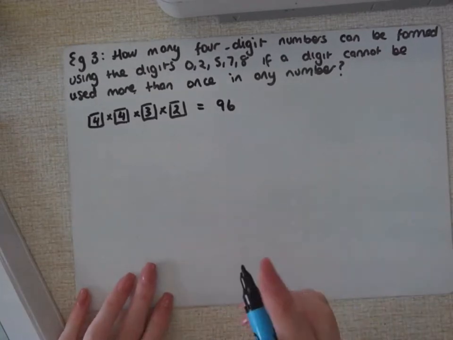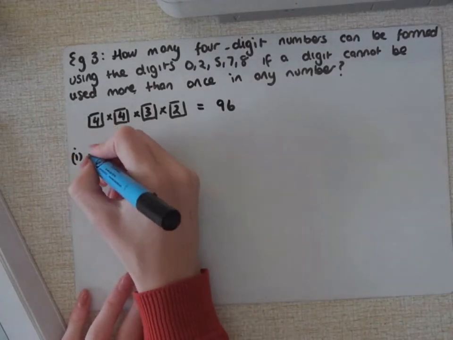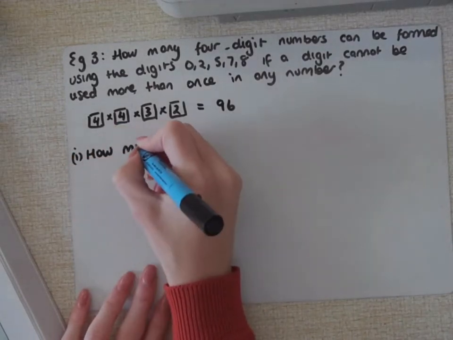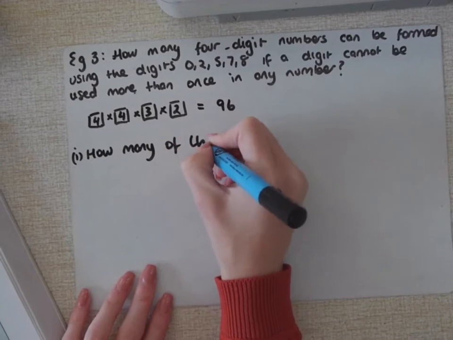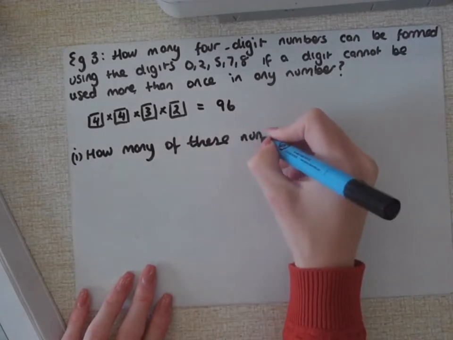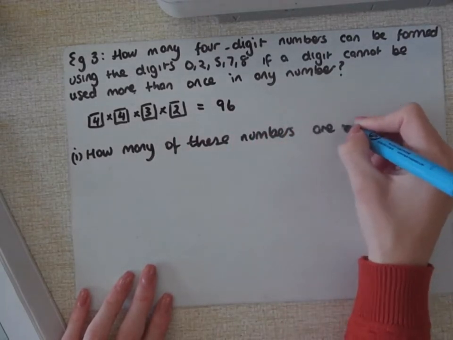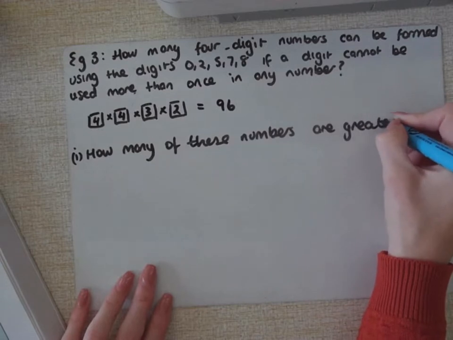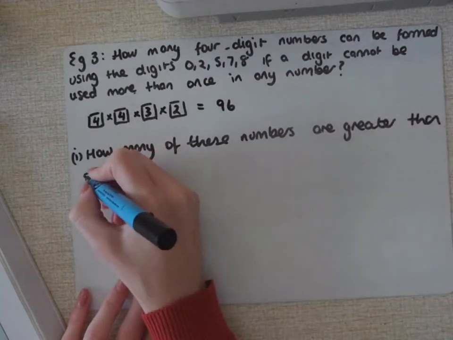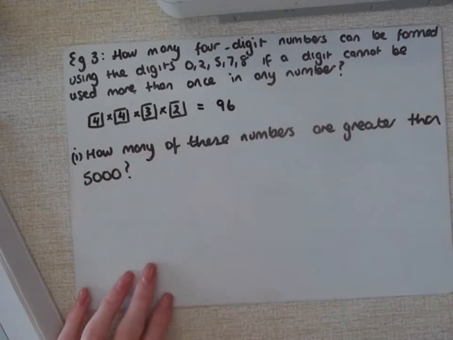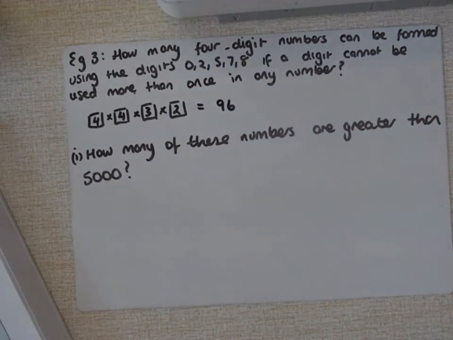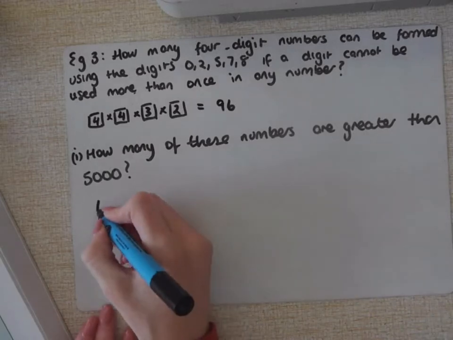Okay, how many of these numbers are greater than 5,000? Now, it's a 4-digit number.